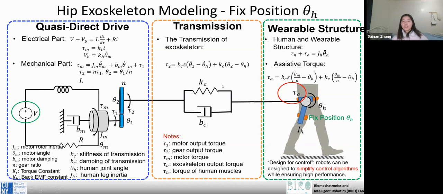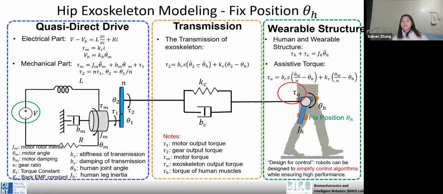And for the transmission part, tau 2 equals BCS times the velocity of the large gear theta 2 minus the velocity of theta h.